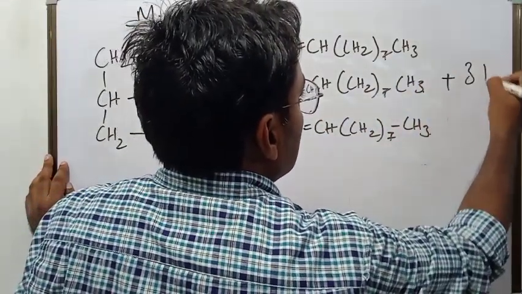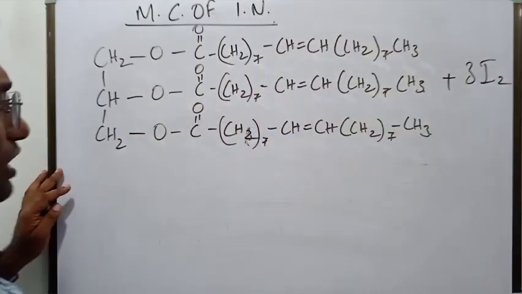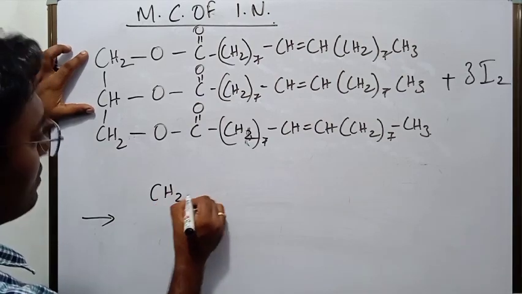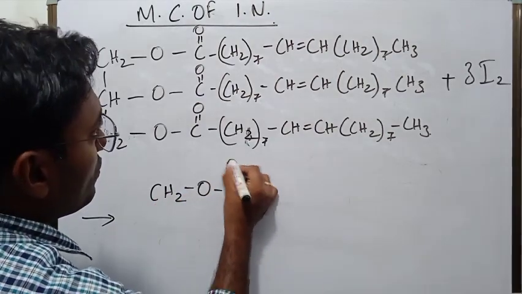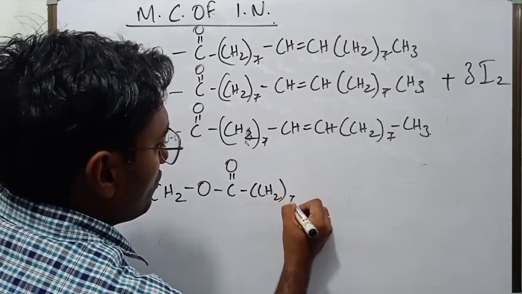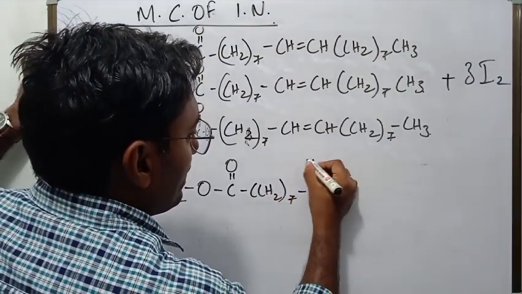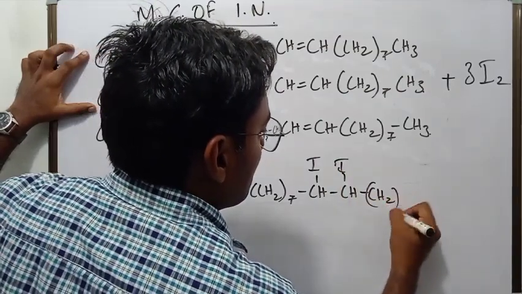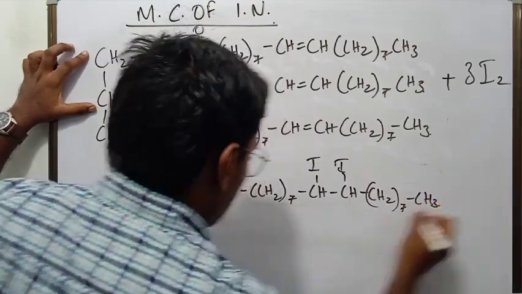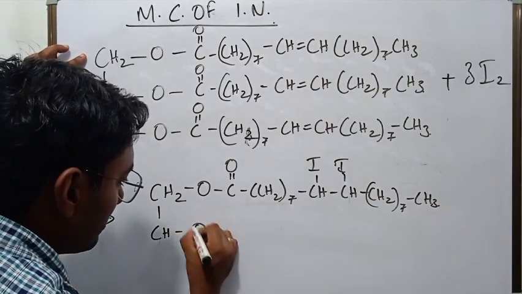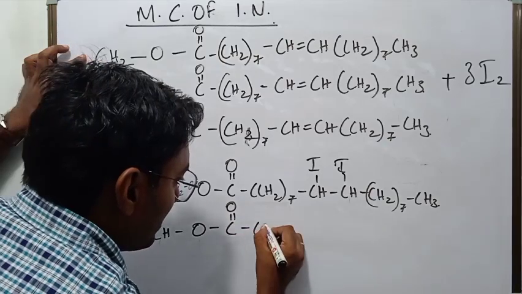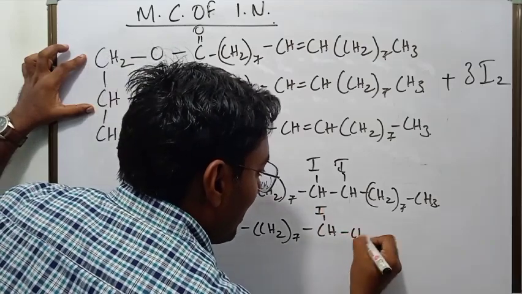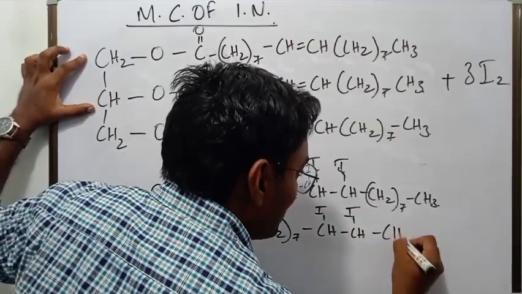So I write it as 3I2. Now I will react it, and what will I get? I get I here, I get I here, then I'll continue the sequence. Second also I will repeat the same as in the first, that is I here, CH2 7, CH3.